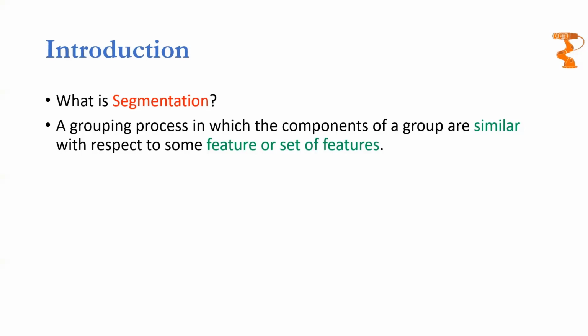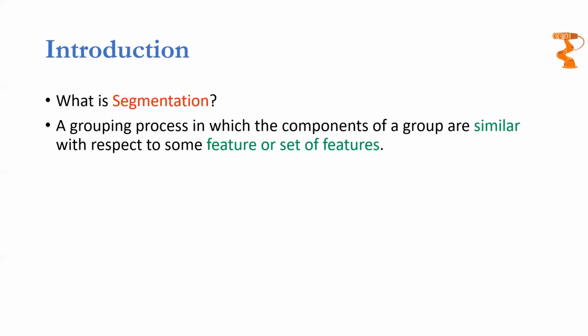The similarity would be that all the students present in that group have height less than 5'9", or if I choose the other group, height greater than 5'9". So there is some common feature in all the students present in a particular group. So this is segmentation, that you are dividing things based on some particular feature.